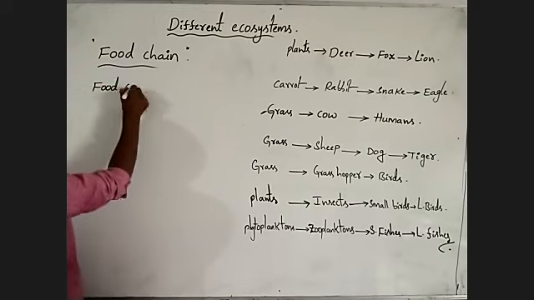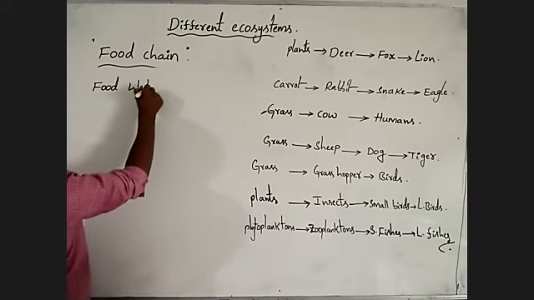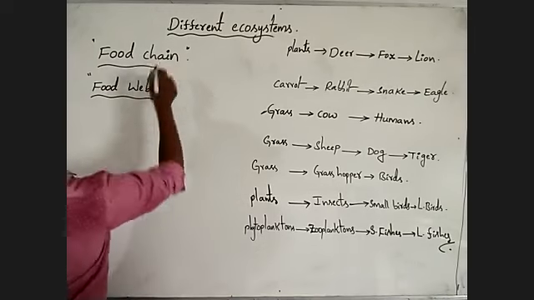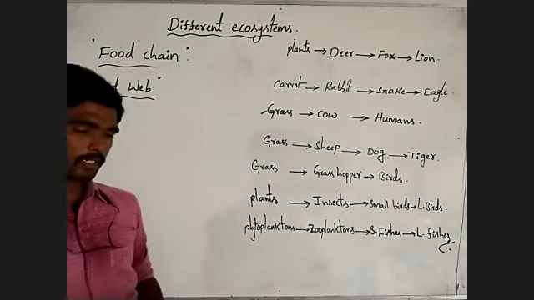This is another important method. It is a better method than the food chain. Here food web means interdependence of living organisms.